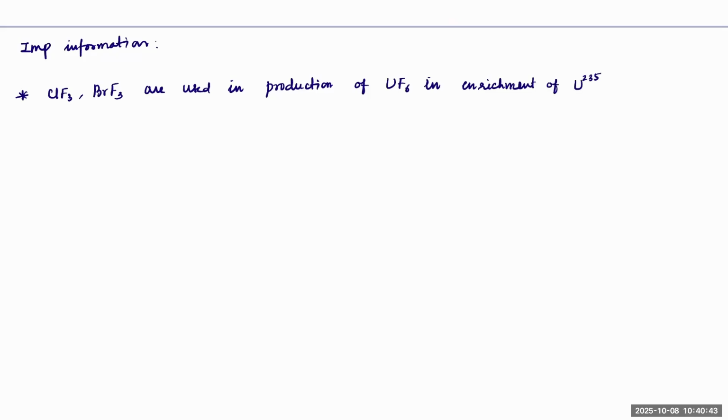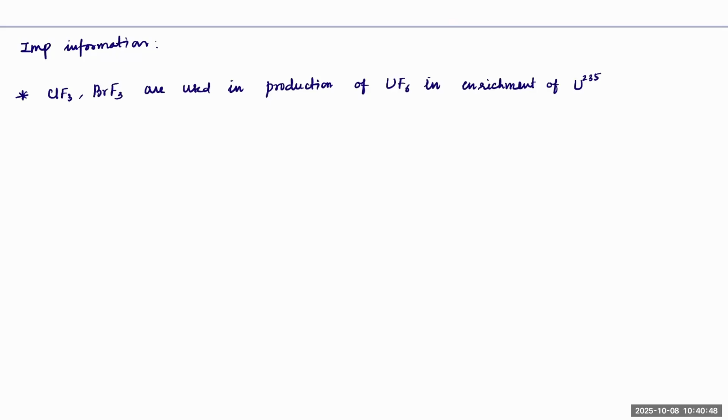First one, ClF3 and BrF3 both are used in the production of UF6, in the enrichment of uranium 235. This is one important thing that will be used.